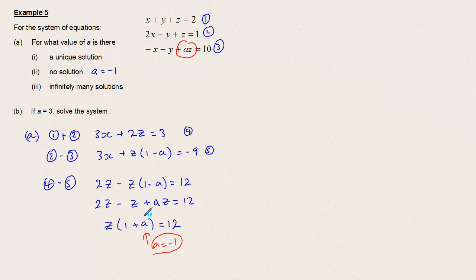But clearly any other value of a would give us z times something which isn't 0 equals 12, and we can find a value for z for that, which means we can come back up here and find a value for x, and then go back to the original equations and find a value for y. So we can get a unique solution provided a is not equal to -1.